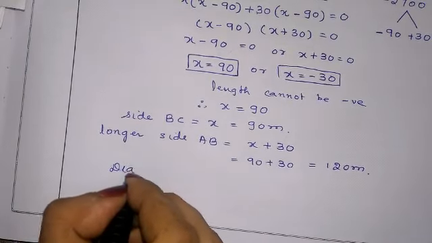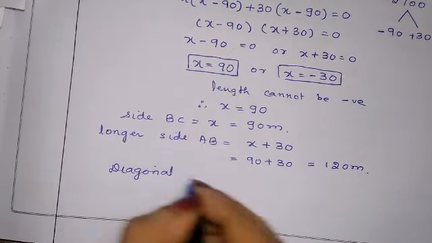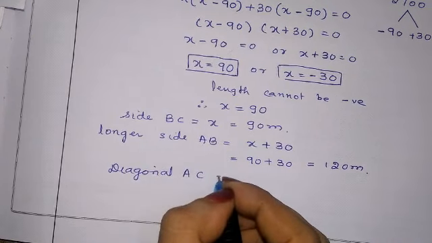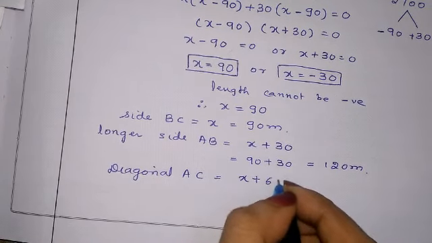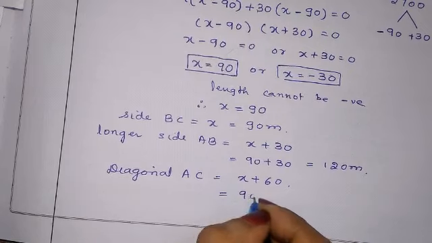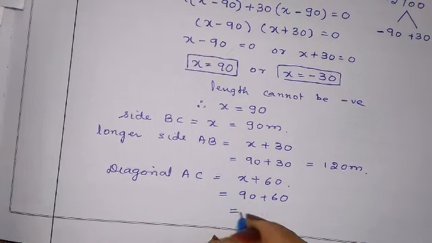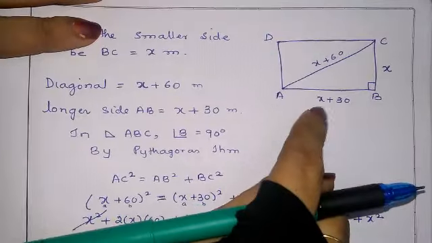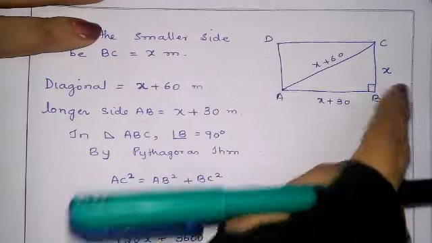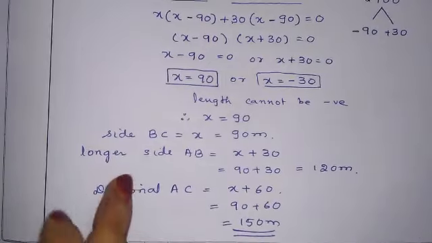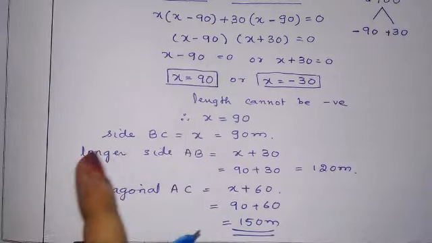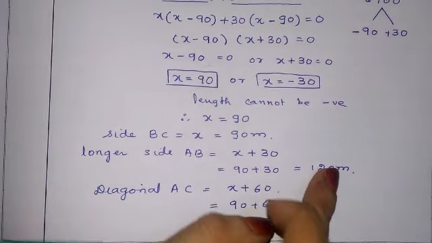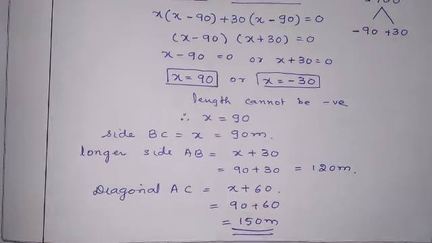Then they have told the diagonal. So diagonal AC is equal to x plus 60. 90 plus 60 is nothing but 150 meter. So here we have found all the sides and the diagonal: x, x plus 30, x plus 60. So we got side BC 90, longer side AB 120, diagonal AC 150.